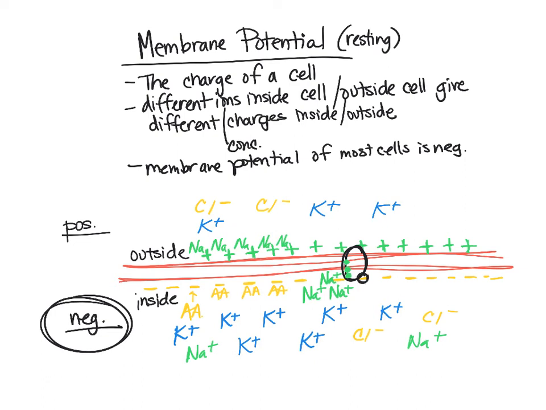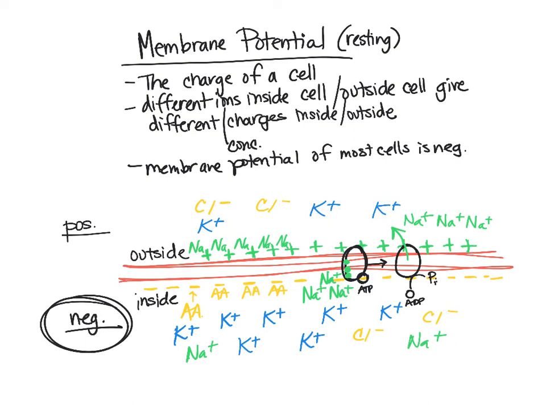Then we have a change in shape when the ATP is changed to ADP and an organic phosphate group. And then that releases our sodium ions to this side of the cell. So we just put 3 positives on the outside of the cell.